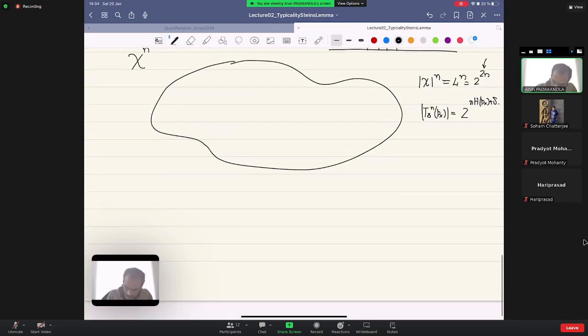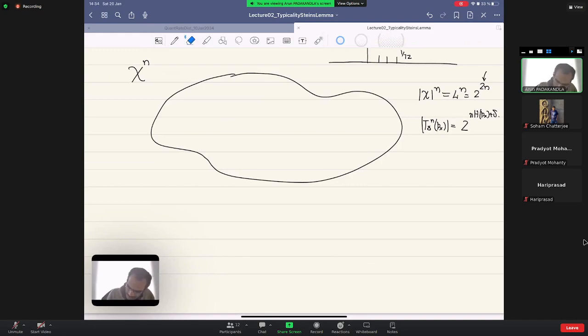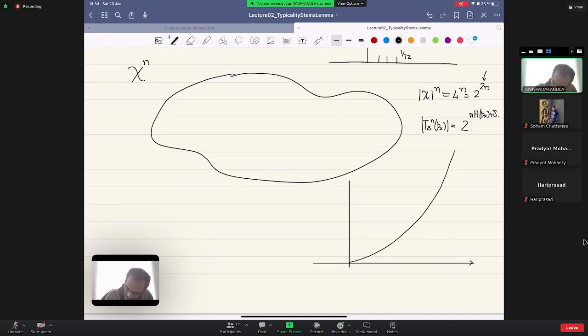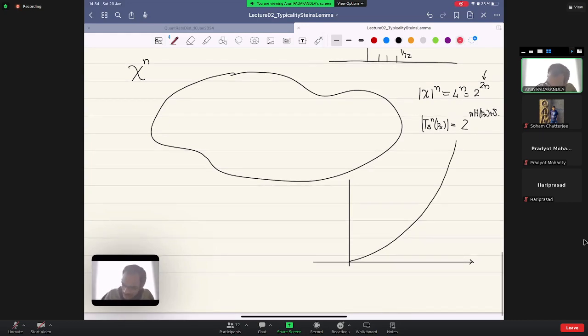This is an important point, and you would have observed it, but I don't know how much you dwell on it. If I plot 2 to the power 2n, it looks like this. In comparison, 2 to the power n times (H of Px plus delta) will look something like this.